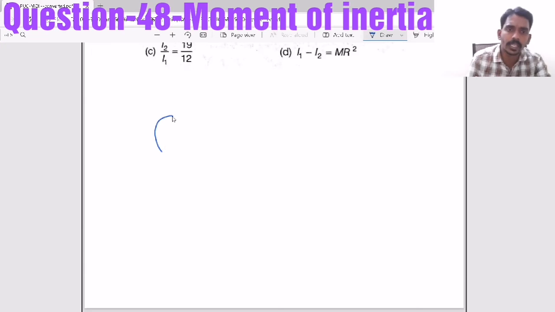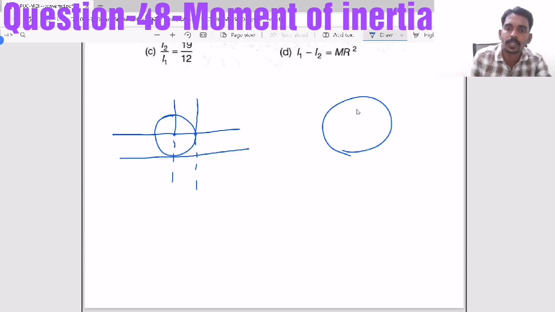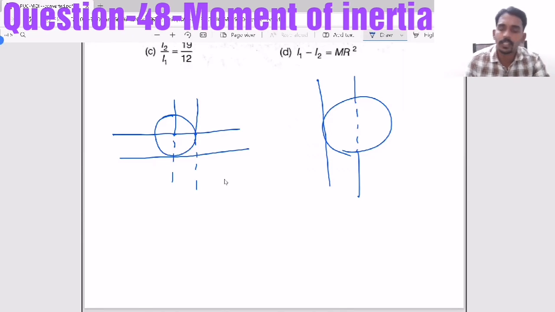For every object like a ring or disc, there is one central axis, an axis perpendicular to the plane passing through it, or an axis like a diameter, or an axis parallel to the diameter and passing through the edge. In a similar way for a sphere, there is one diameter and one edge axis, and similarly you can handle any such object, and they can give any axis.